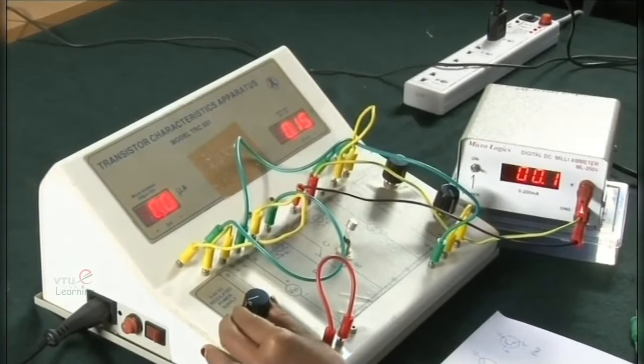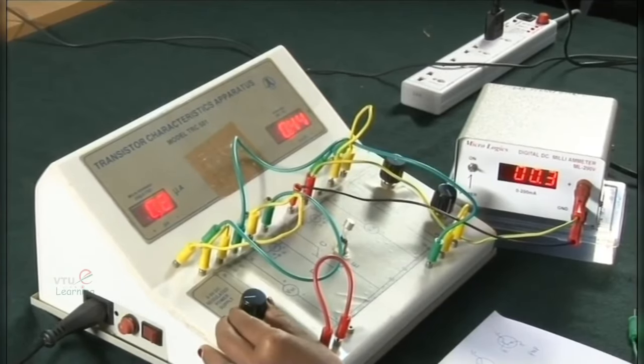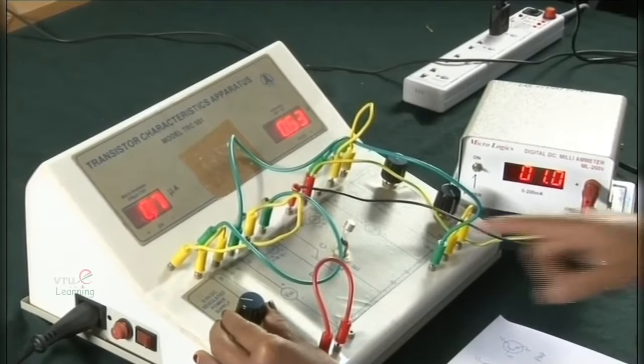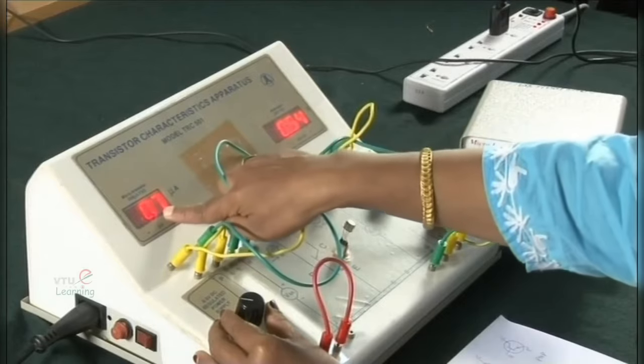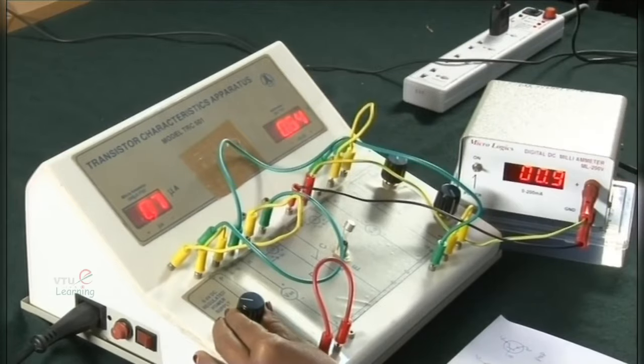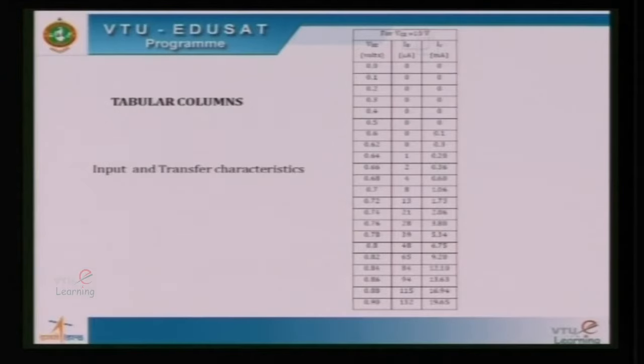So I vary VBE now in steps of 0.1, 0.2 and record the corresponding IB and IC in the meters. The readings are tabulated as shown. So for initial voltages up to 0.6, you find zero current through the junction.